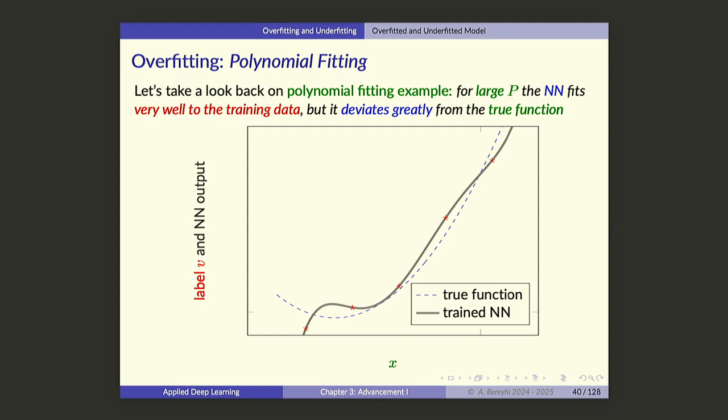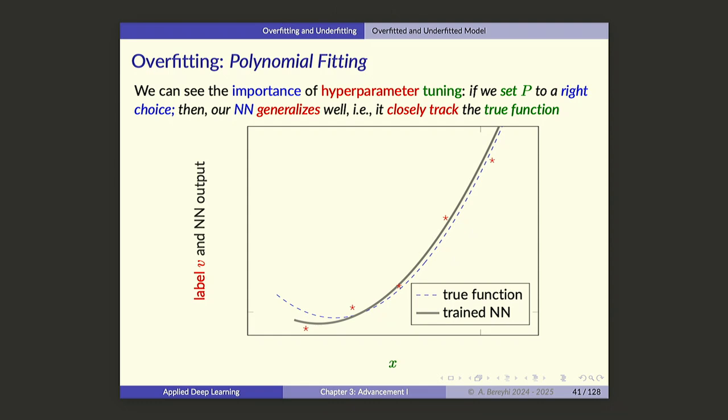Whereas if you fix your model to be of a smaller dimension, meaning that you keep your hyperparameter exactly equal to 2, then you get a model which is not perfectly fitting the data set that you have, but when you have new data, it better approximates the true function. Everybody's clear? So this is the idea of overfitting, and we always want to choose the hyperparameter such that it's not happening.